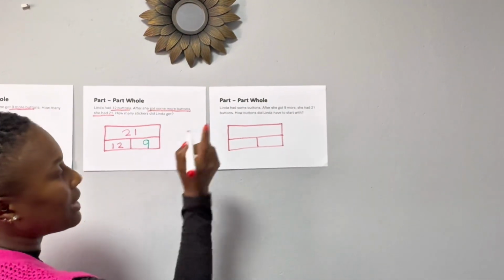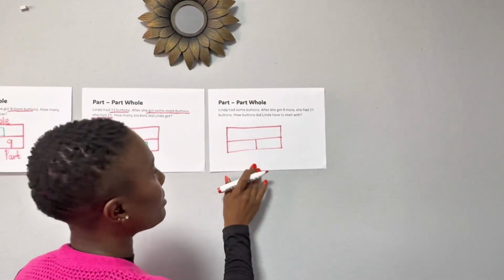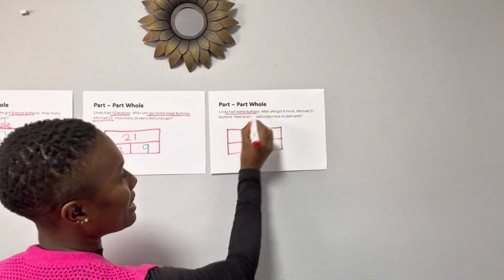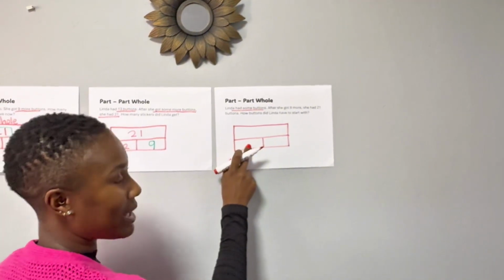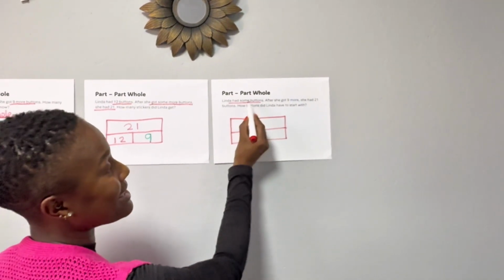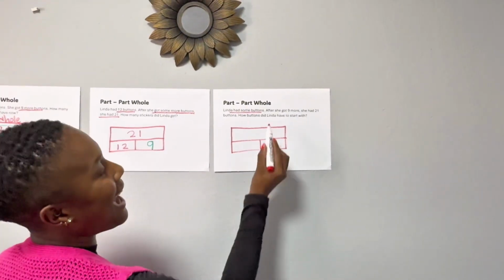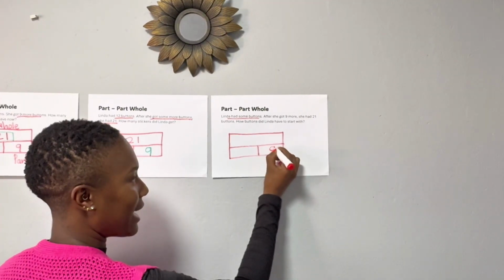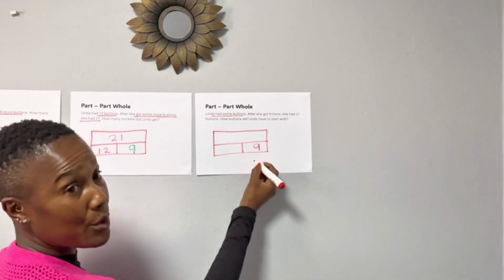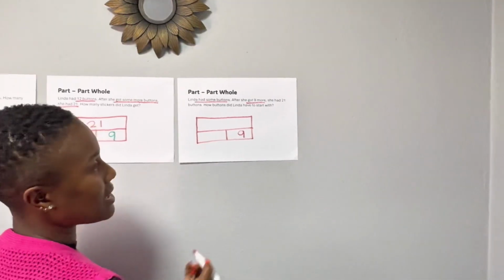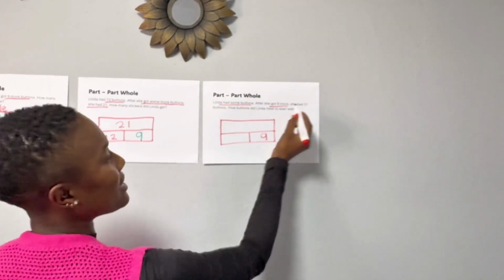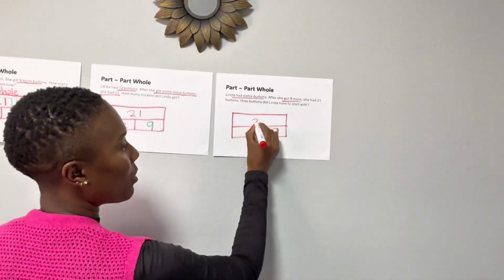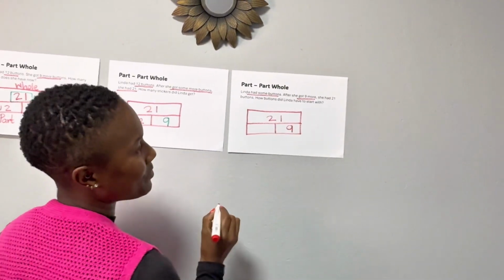Now, let's go through the last example. Linda had some buttons. This part is unknown because she had some buttons. After she got 9 more, second part, known. The second part is known. She had 21 buttons. The whole is known.